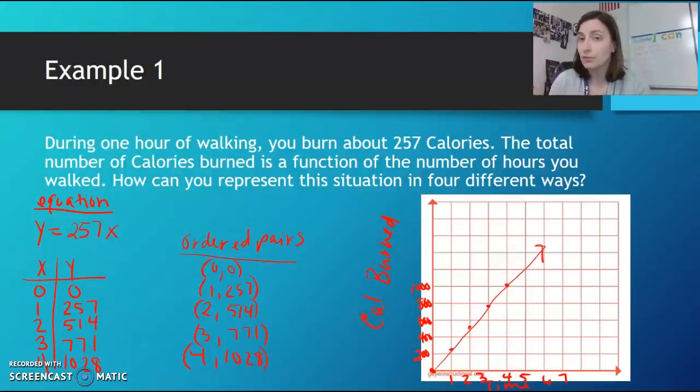I can find a value for each minute, therefore I would have a line. But those are the 4 ways. We just represented that paragraph in 4 different ways. Our equation, y equals 257x. Our table, the t-chart, x and y, and each of those points. The ordered pairs created from the table, and then from those ordered pairs, we created the graph. And so those are our 4 ways of representing a function.